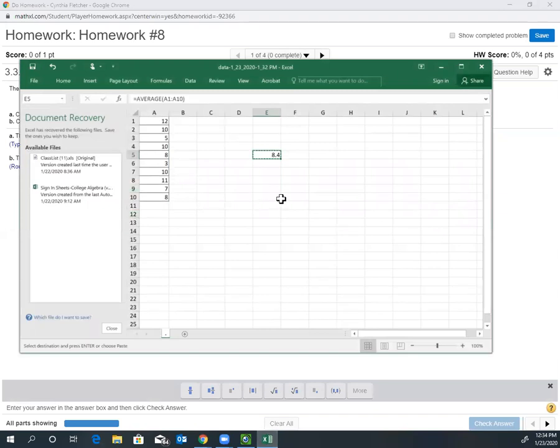I'm going back to my Excel sheet. I'm clicking on, and we could give this a name if we want to, and call it mean. Okay, on the next one, I want the population standard deviation.